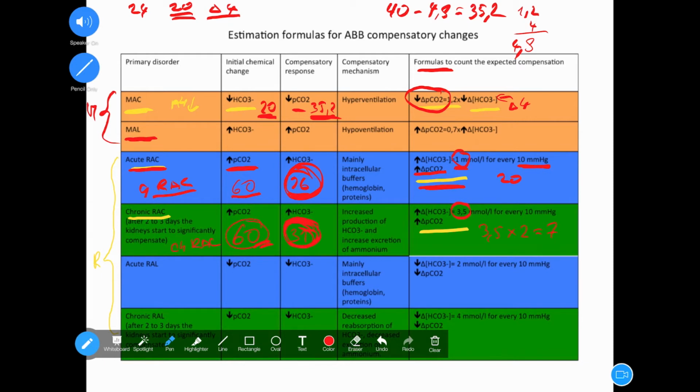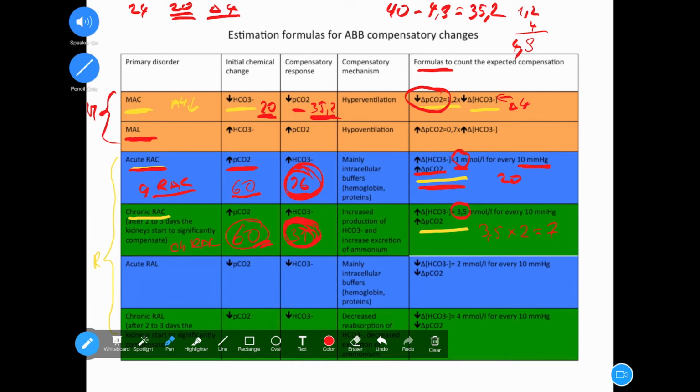It's not according to the first or second formula, and I know he's way out, and now I know there's another problem going on. Not only this respiratory cause, there could be metabolic. He can vomit, he can have diarrhea or something, and then he totally is mixing his acid-base disorders.